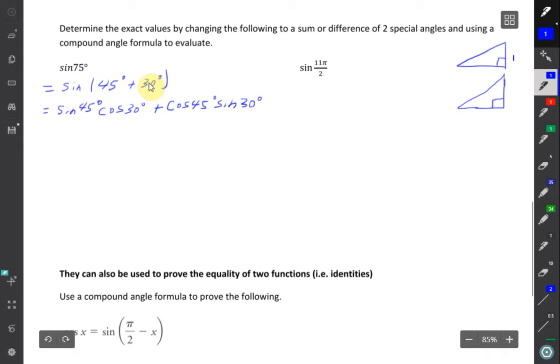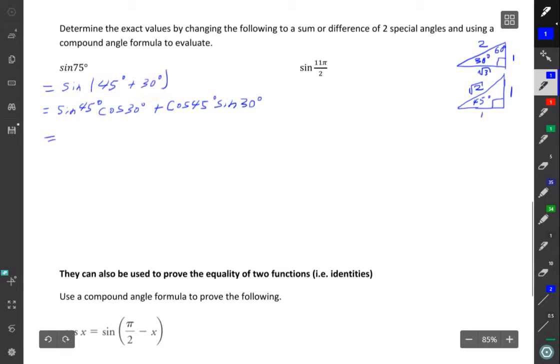So we have the 1, 2, root 3. This would be 30. And this would be 60. And we have the 1, 1, root 2. And both of these would be 45. So I only need one of them.